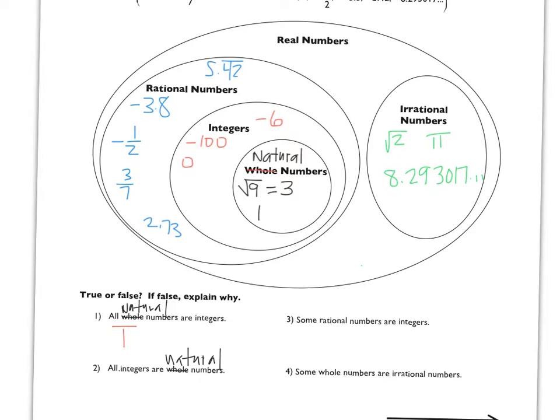Well, if we look at our Venn diagram, we have 3 integers here that are not natural numbers. So that tells us that that's false. Number 3, some rational numbers are integers. So again, looking at the Venn diagram, here we've got integers, and they are inside this bigger rational numbers. So we have a true statement there.